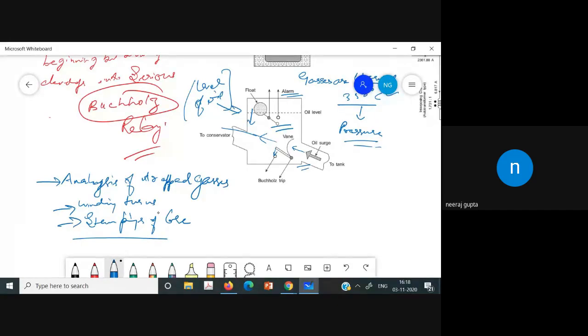Now, let us suppose that hydrogen and C2H2 gas is liberated. In that case, there is arcing in the oil between the constructional parts.